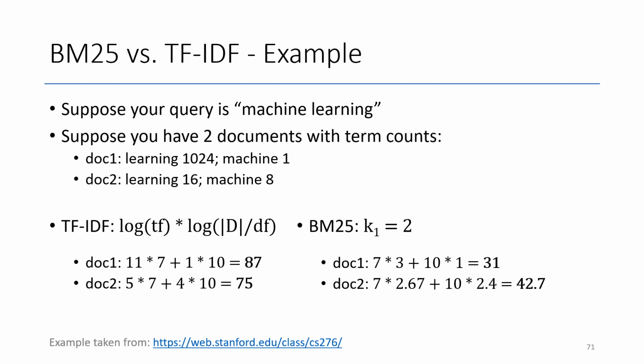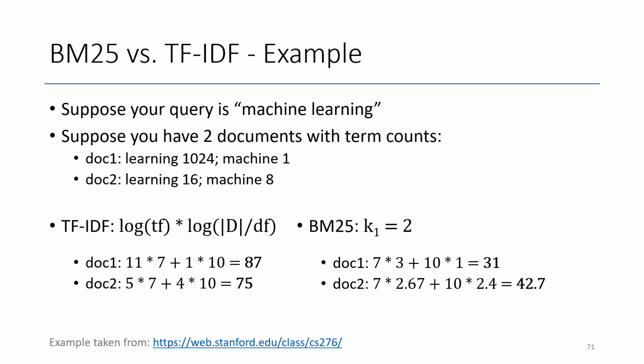And TF-IDF actually produces a higher score for document 1 than document 2, whereas BM25 with the default K hyperparameter produces a higher score for document 2 than document 1.